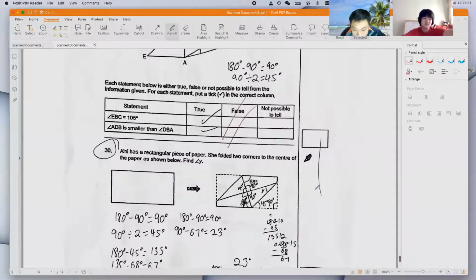Wow, what is this? They say fold paper, right? So how do we fold? She folded 2 corners to the center. So that means this one. This is the line they fold. So they end up with this.